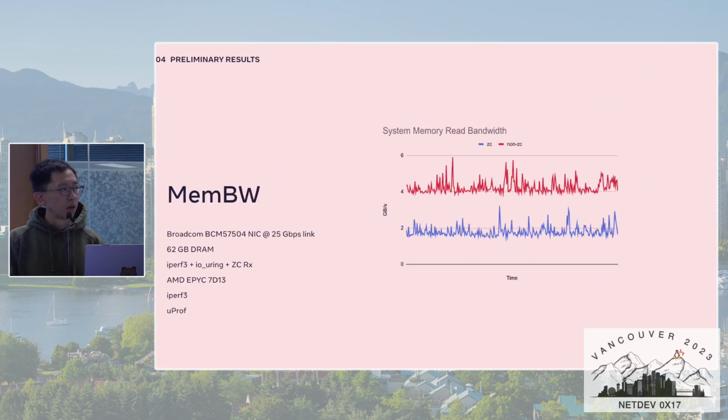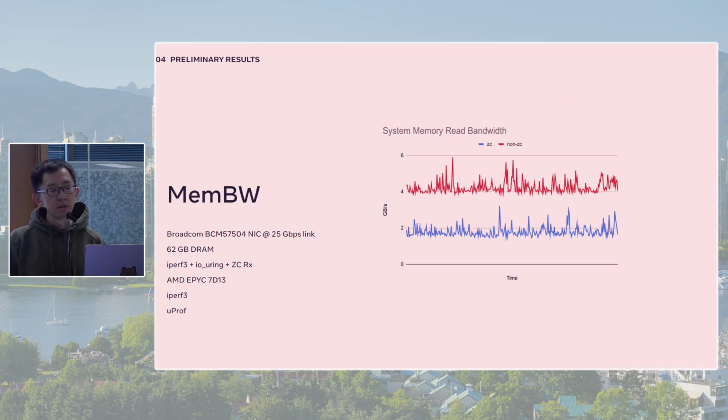Cool. So I'll share some early preliminary results that we got. These experiments were measuring the system memory bandwidth, and this was done on a system with 62 gigs of RAM. We had a Broadcom 57504 NIC, and we used a modified version of iPerf3 to use the new io_uring API.